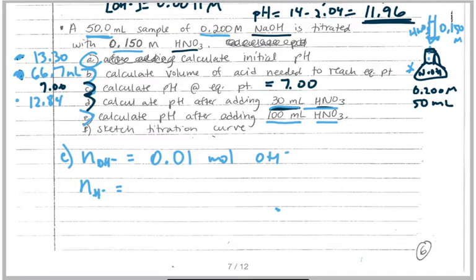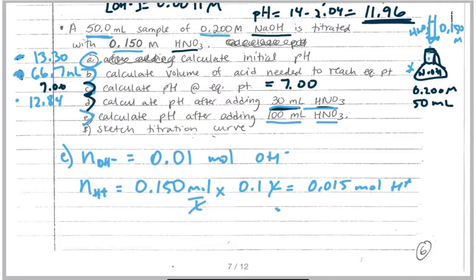Okay, so if that's how many moles of hydroxide we have, in this case we have a new number of moles of H plus, because we're adding a different volume. So we still have the concentration of 0.15 molar, or moles per liter, times our new volume of 100 milliliters, or 0.1 liter, which gives us 0.015 moles of hydrogen.